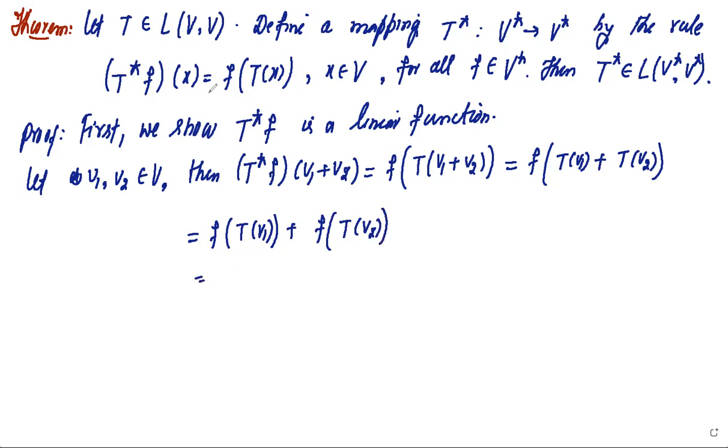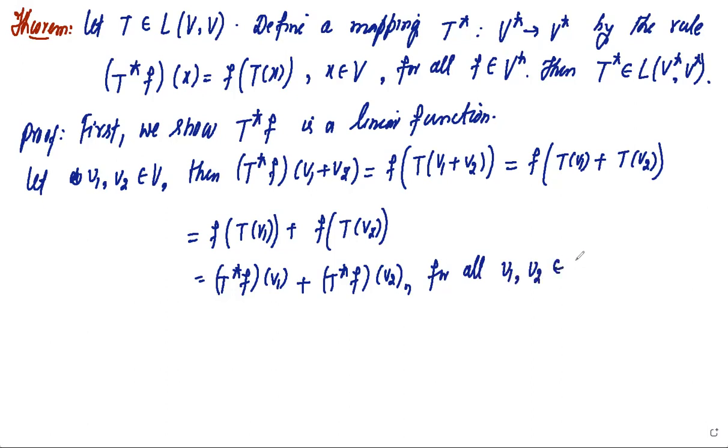But now, again, by using the definition T star f of x is equal to f of T of x, here we have f of T of v1, which can be written as T star f of v1, then plus T star f of v2. So therefore, we have shown that this T star f is linear over the vectors. And this is true for all v1, v2 belonging to V and f belonging to V star.